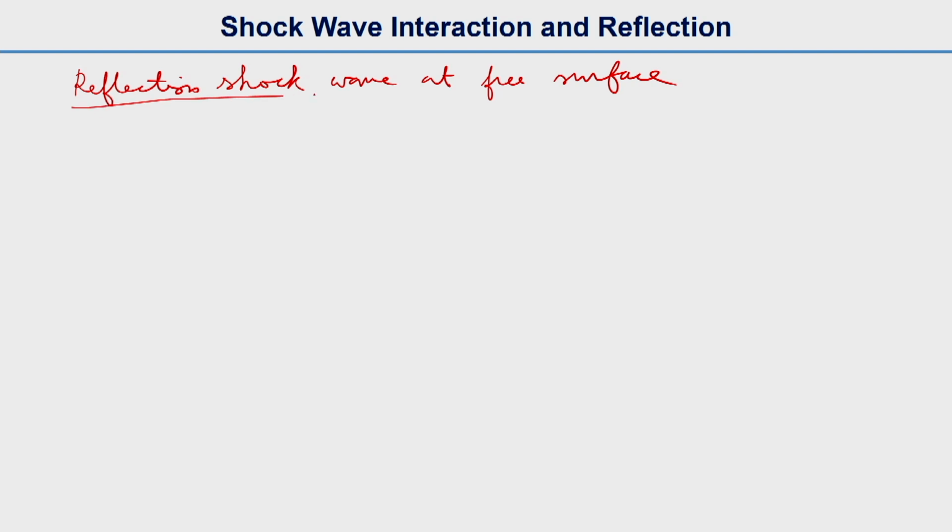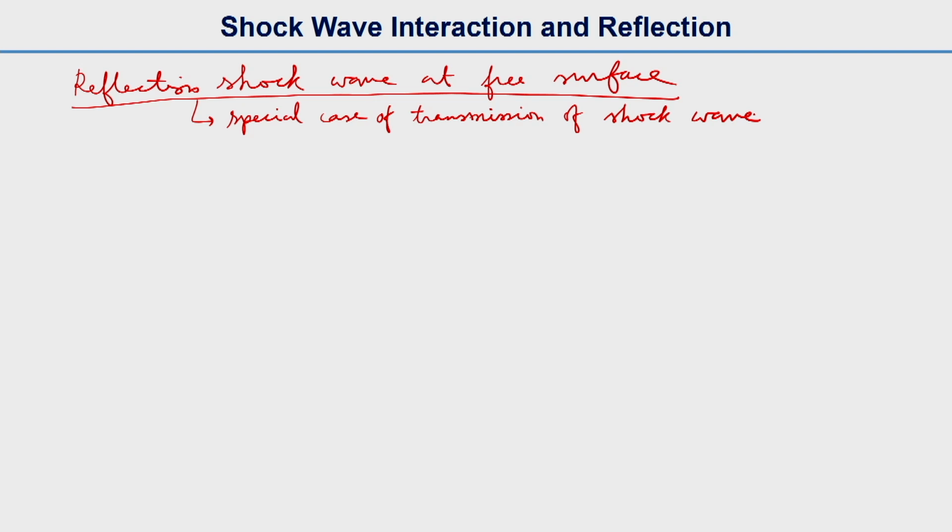As we can understand from the earlier elastic wave calculations as well, this is a special case of transmission of shock wave from material A to material B, and we assume that the shock impedance of material B is 0.